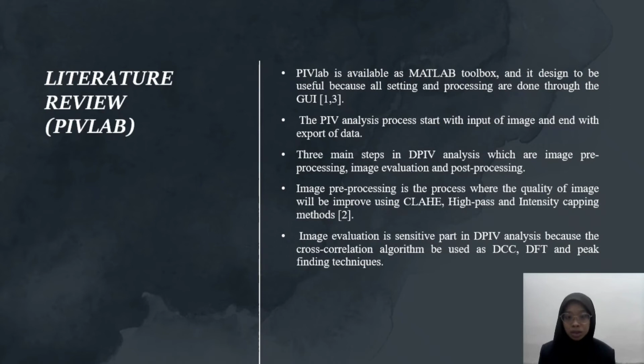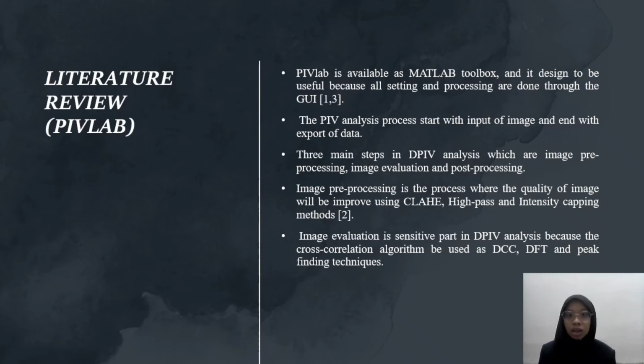In general, there are three main steps in DPIV analysis, which are image pre-processing, image evaluation, and post-processing. Image pre-processing is the process where the quality of the image is improved using CLAHE, high pass and intensity capping methods, while image evaluation is the sensitive part in DPIV analysis because of cross-correlation.